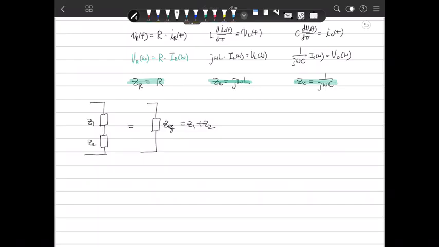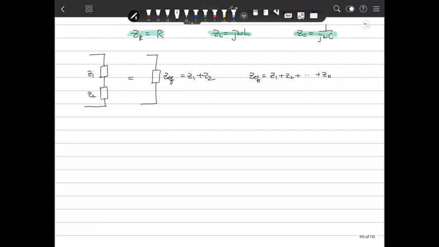So in the case of impedance connected in series, Z_EQ can be written as Z1 plus Z2 plus so on. In the case of parallel, we have two impedances here, Z1 and Z2.